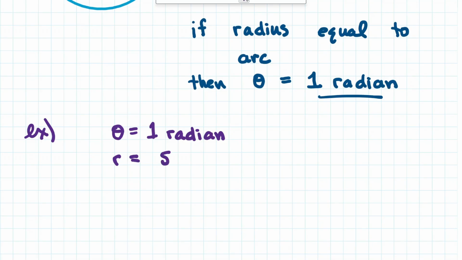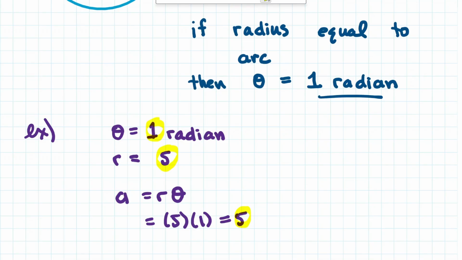Let's see what the arc length is. If we follow the formula, we have that A equals R theta. So as a result, we'd have that arc length equals 5 times 1, which equals 5. And you can quite easily see that the radius is equal to the arc length, which makes sense because our theta was 1 radian.